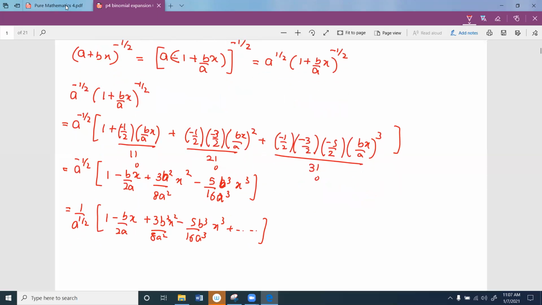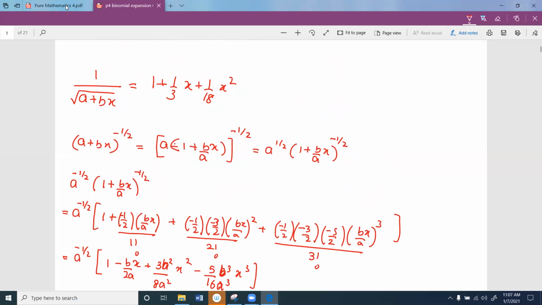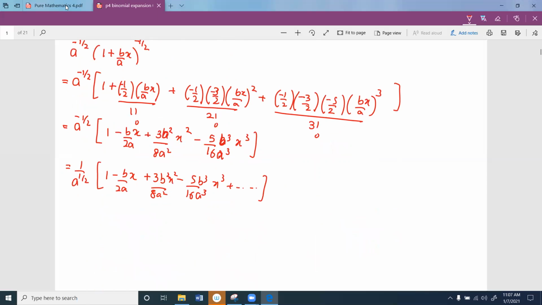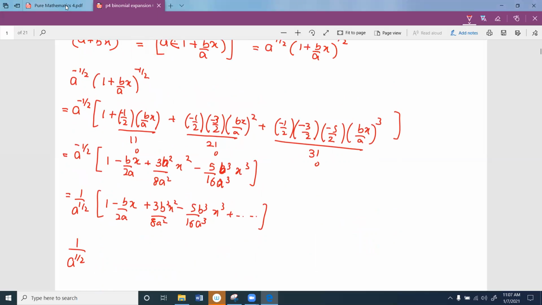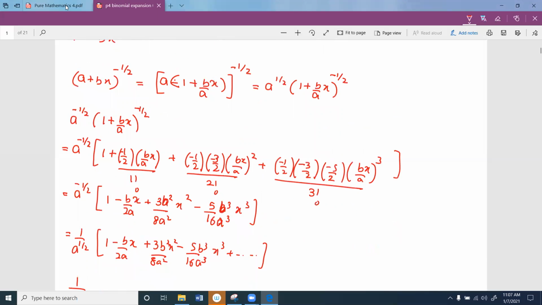Then if you work out the first number, this is similar to 1 plus this bit. Therefore, if you expand it like this, 1 over a to the power half times 1, that is the first term, which is exactly similar to the exact term over here. Therefore, you can say this is 1.